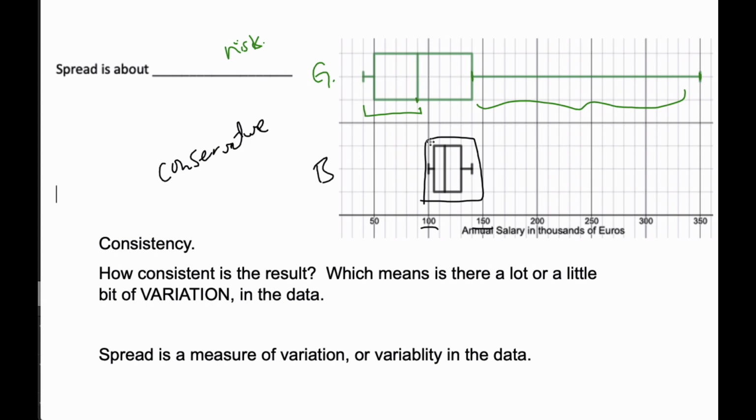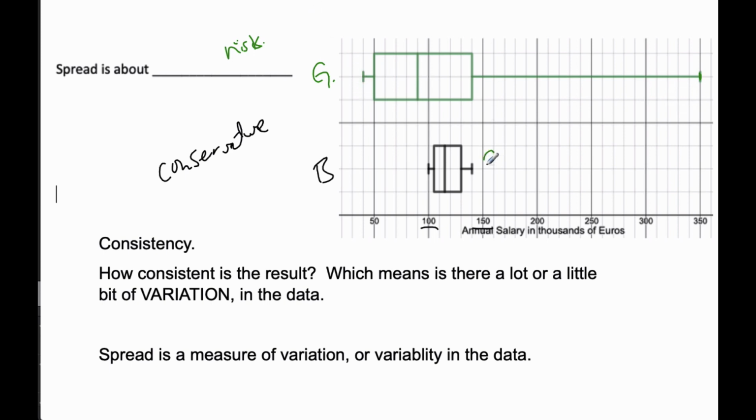However, you have all these values that you'll be making more than the black company. So about 25% of the green company's salaries are the same as the black salaries. 25% of them are higher than the black company, whereas 50% of the salaries are lower than the black company. So there is a lot of variation in the green company's salaries. And so that's not good or bad, that's just reality and what you make sense of it.